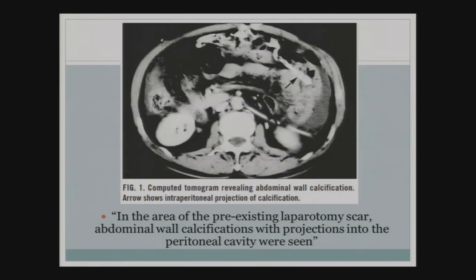This was a figure in their case report showing this ossified structure here, and in this case they had a calcification growing into the abdominal cavity with a projection seen here.